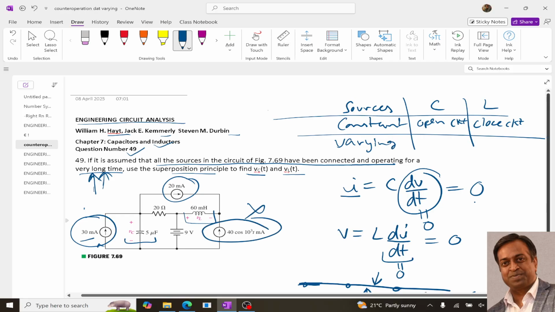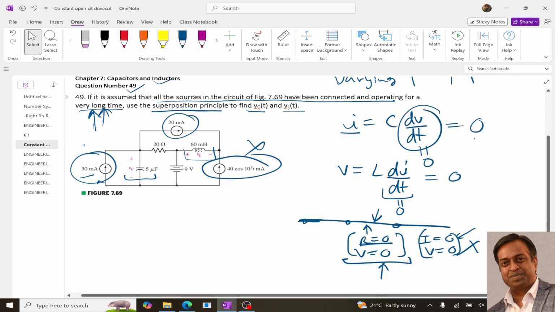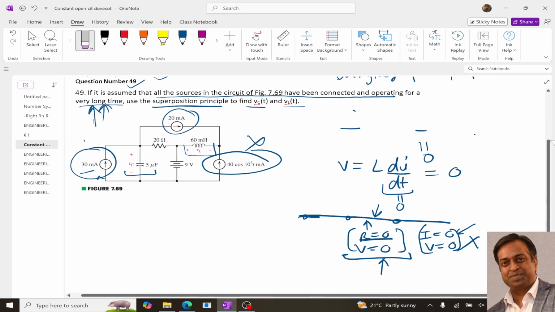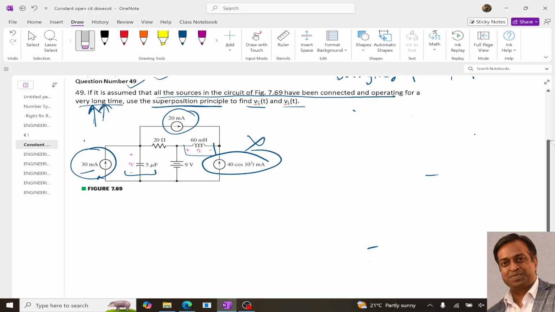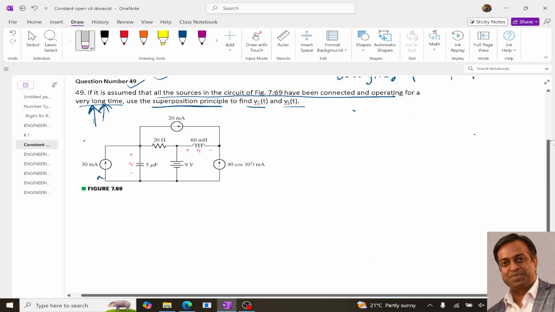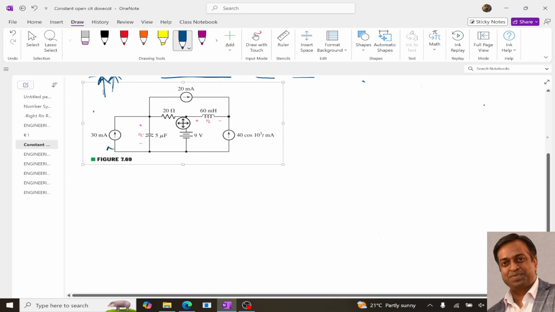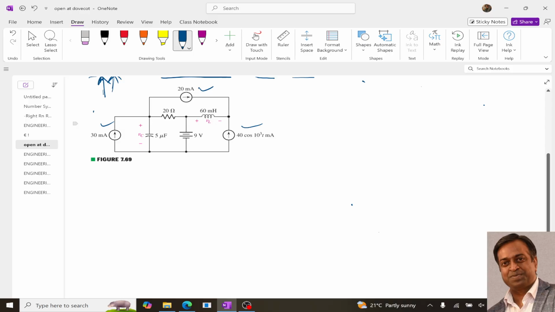Since we need to solve it with the superposition theorem, we need to consider all the sources one by one. Over here we have 3 sources, so we need to draw 3 circuits.